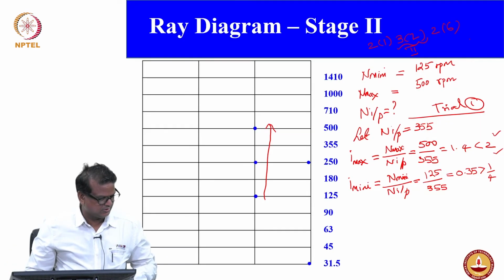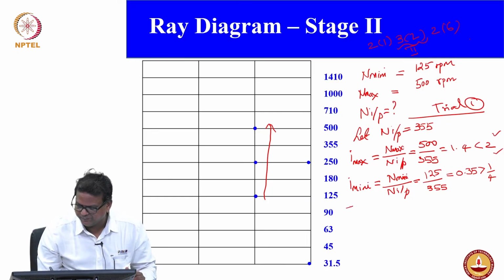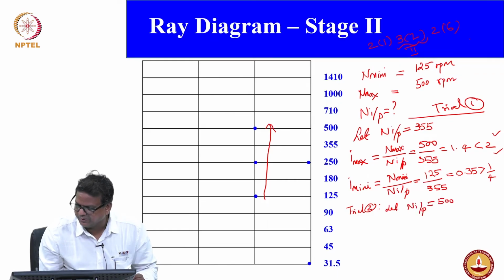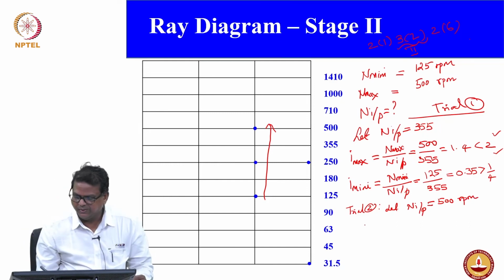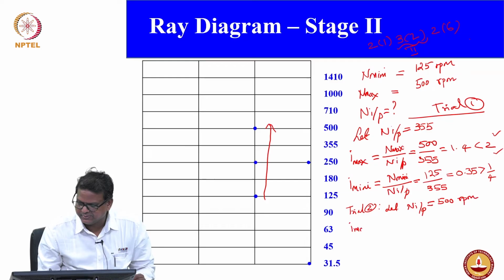So, let us choose trial 2. N input, I will choose as 500 rpm. I can go down also, but let me choose 500 rpm. Again I max is 500 by 500, that should give me 1, less than or equal to 2.